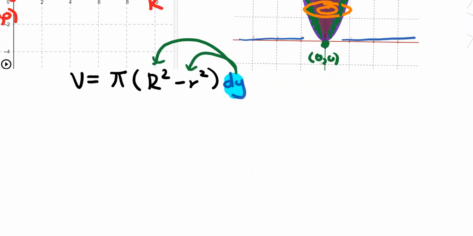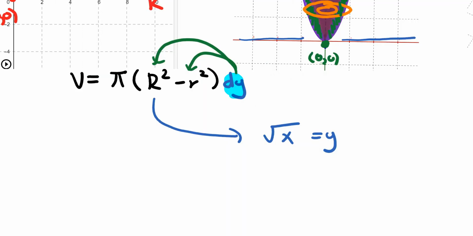Let's do it. We know the big R is the root x function, and what we're going to do here is square both sides. If I square both sides, I get x equals y to the power 2.